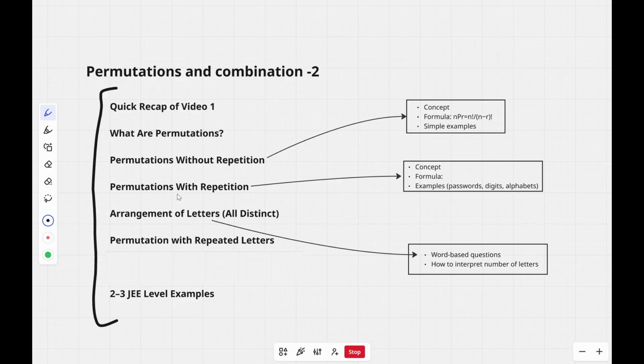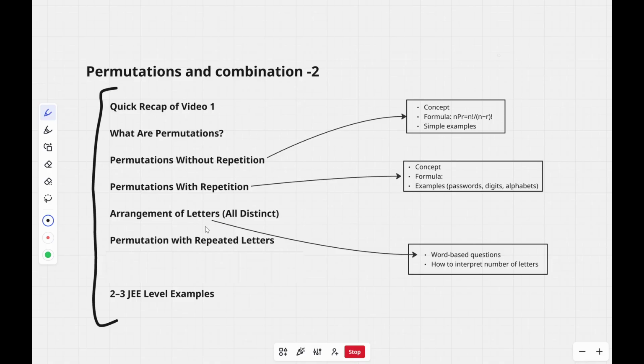For with repetition, we'll also see the concept, formula, and some examples related to passwords, digits, and alphabets. Then we'll see arrangement of letters which are all distinct, and then permutation with repeated letters.